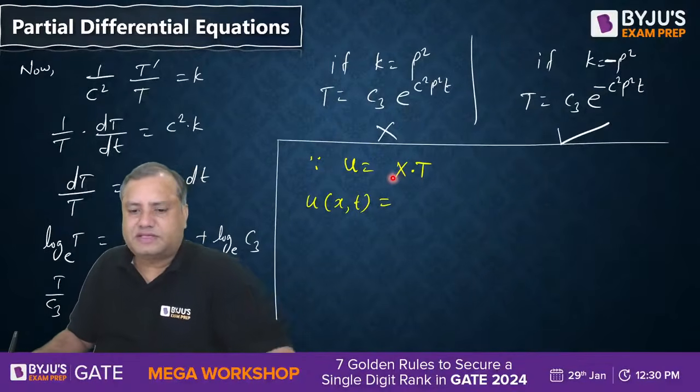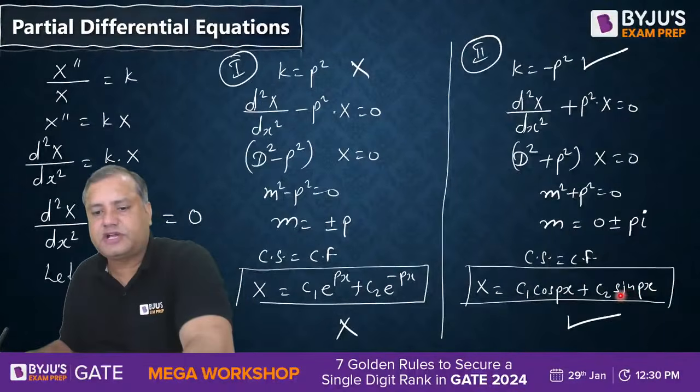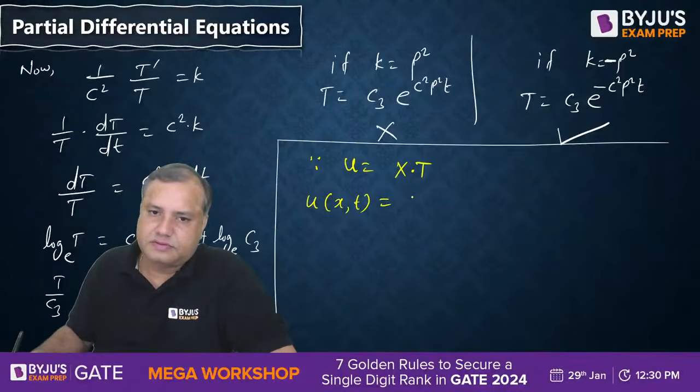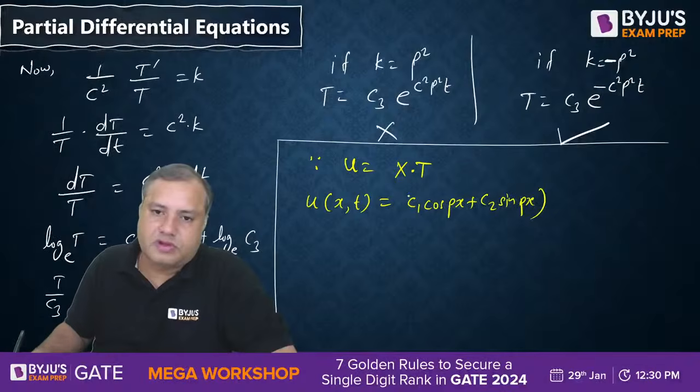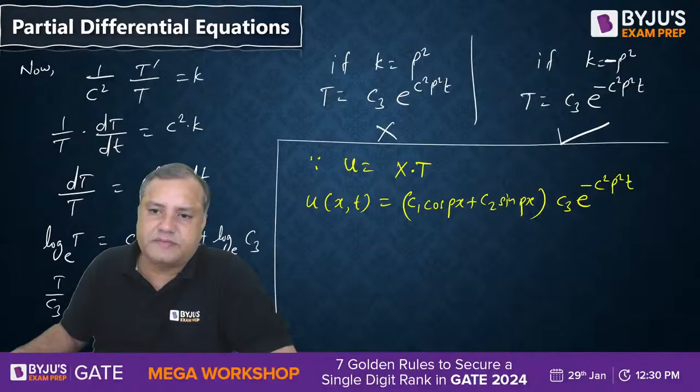What is capital X? Capital X is C1 cos px plus C2 sin px. And what is capital T? C3 e raised to minus c square p square t.